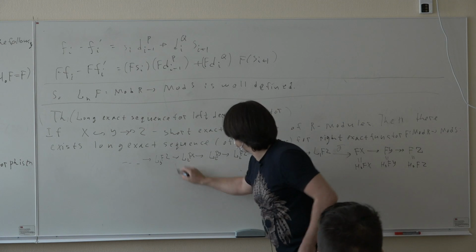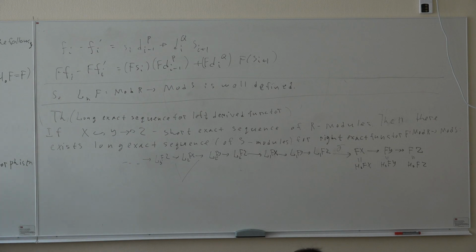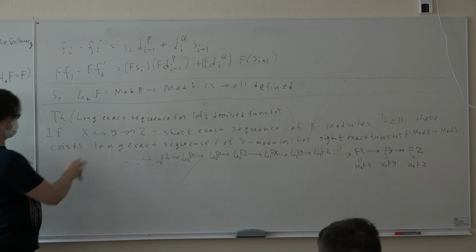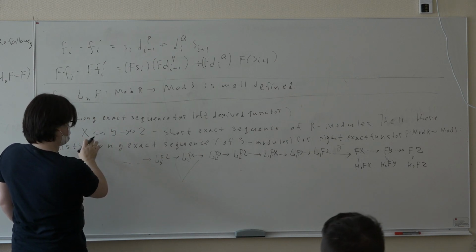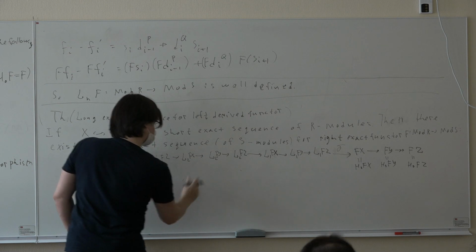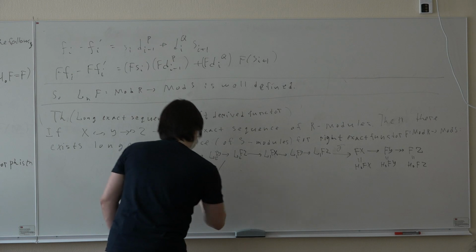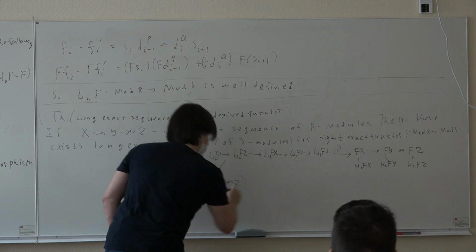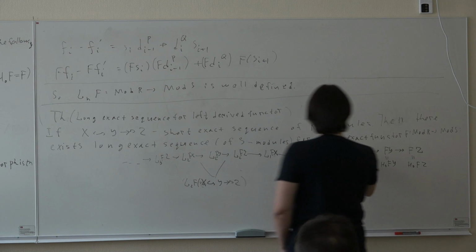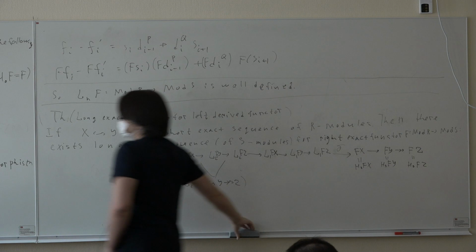Like in these places, you simply have the images of these two maps under L1 F, so it is simply L2 F of x, y, z. And here some homomorphisms which appear from a lemma that we will prove a little later.